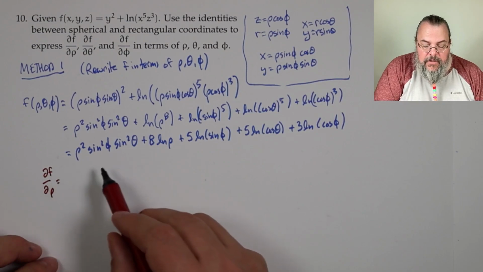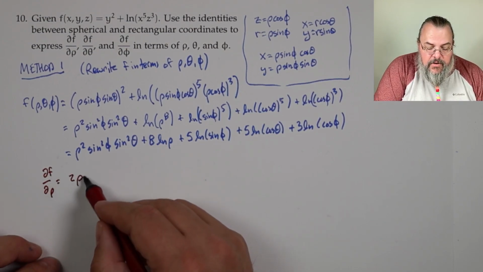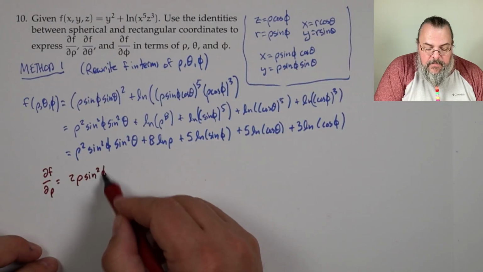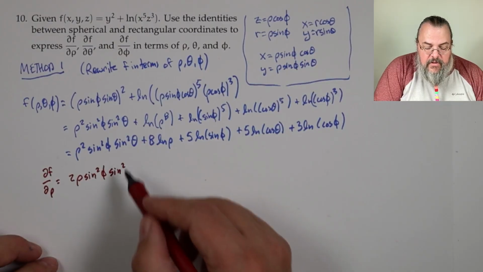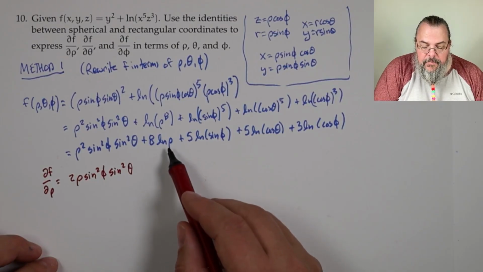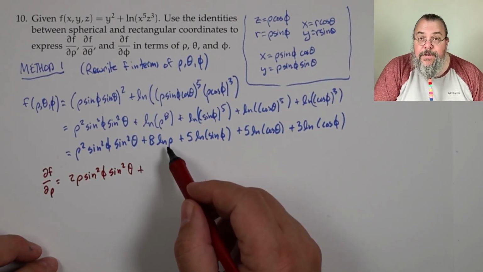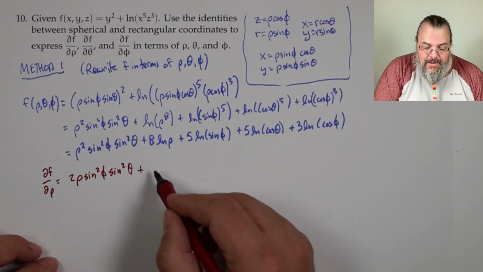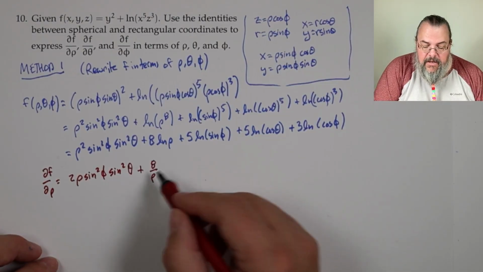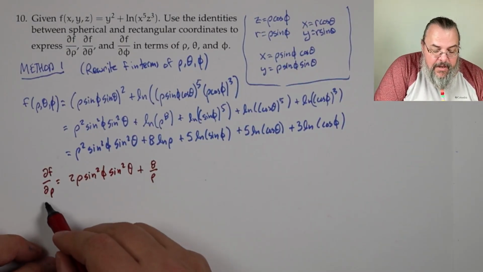Now take the derivative of anything with respect to rho. There's a rho squared, so that makes it 2 rho. Everything else just comes along for the ride. It's a constant. So sine squared phi, sine squared theta. Here's a rho, so this will be plus the derivative of log of rho, which is 1 over rho, so 8 over rho, and nothing else. Okay, that was not bad.